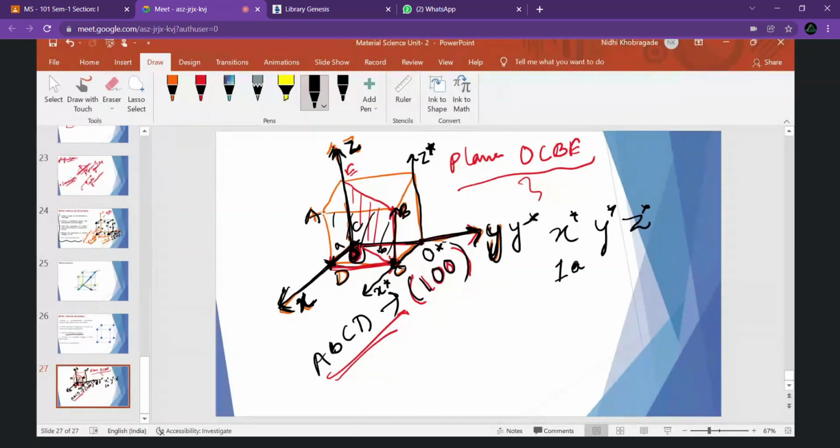Now on the y-axis, if we move in the positive direction, there is no intercept on the y-axis. Because this is our origin, this side is our positive side and this will be our negative side. So y will be -1.